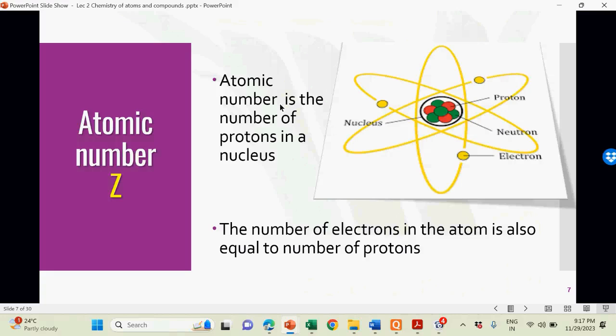But usually, because it's more stable and doesn't change in nature, we refer to the atomic number by the number of protons in the nucleus.